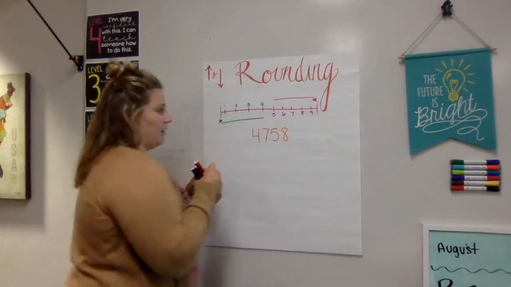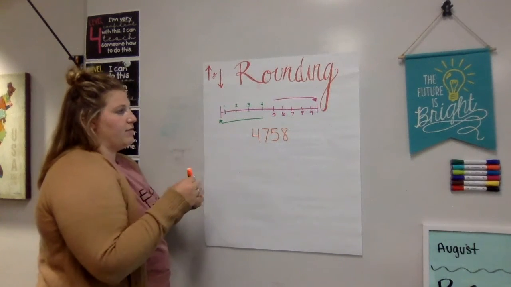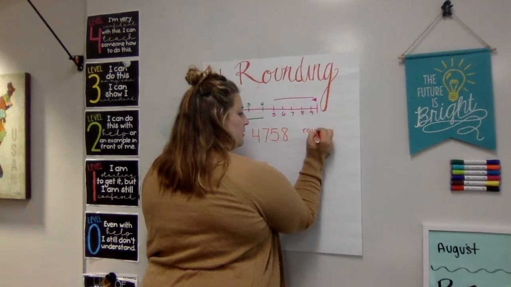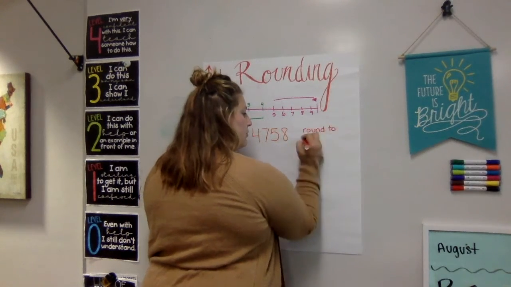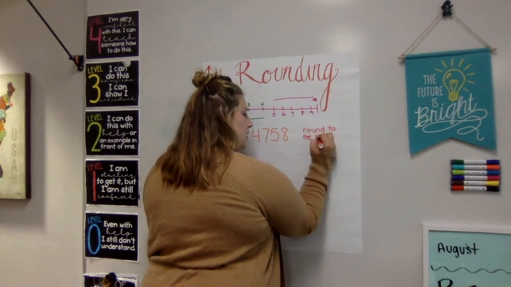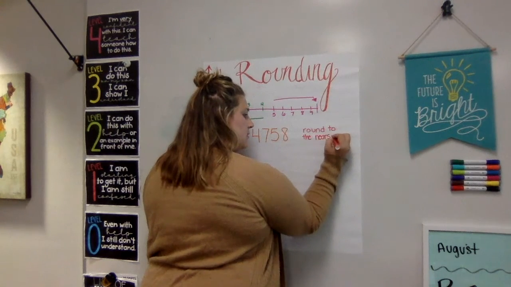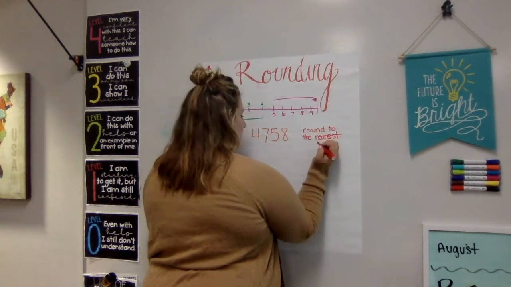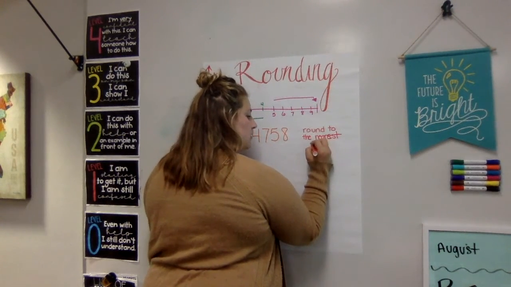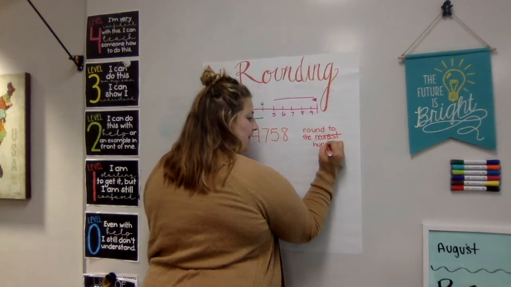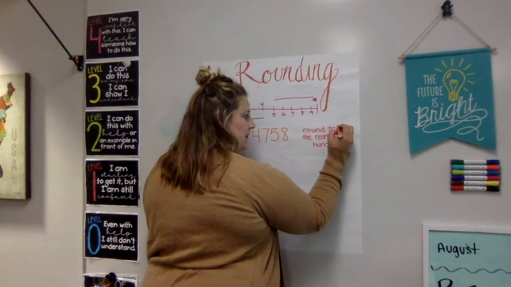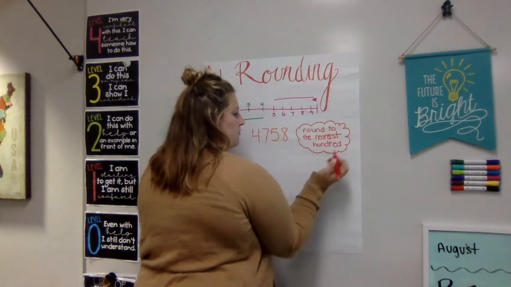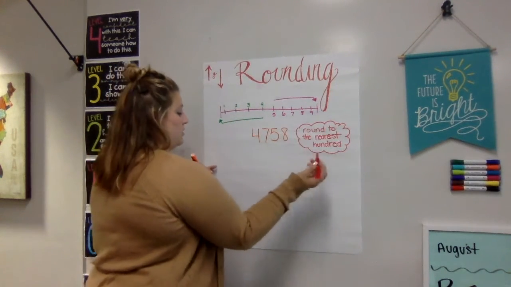So if I'm just looking at a number, let's say this is my number, 4,758. And if the directions say round to the nearest 100.